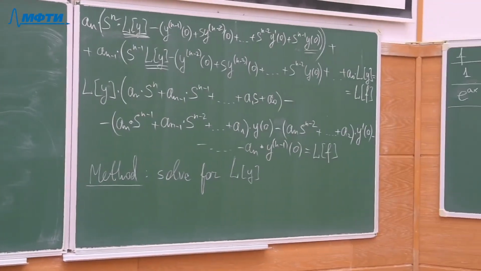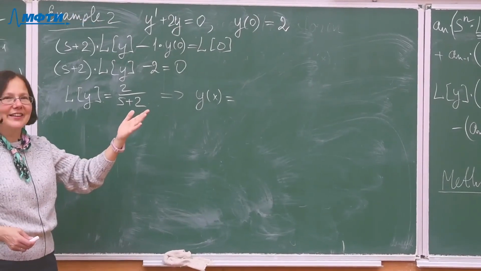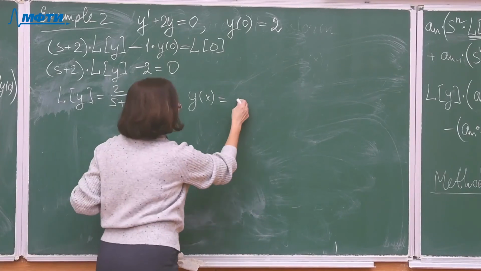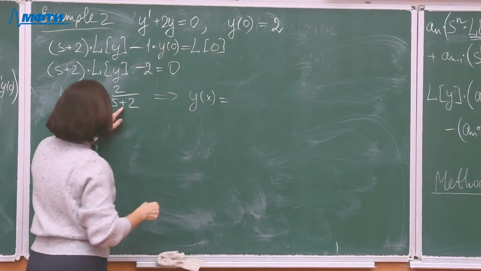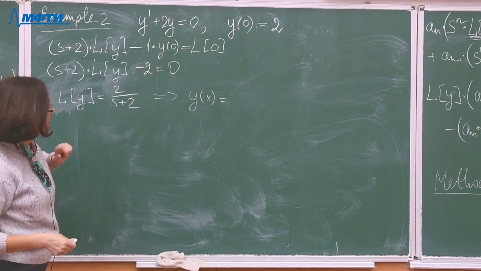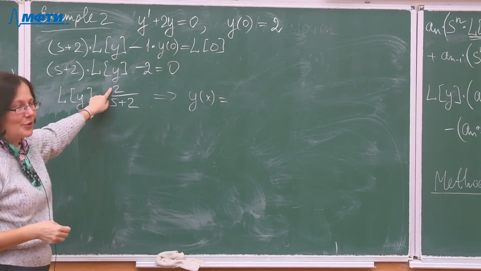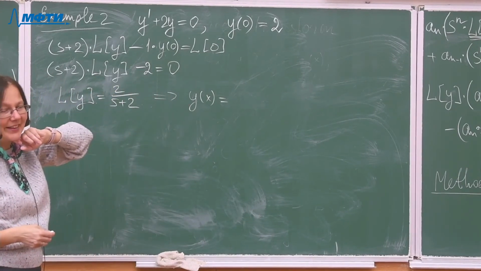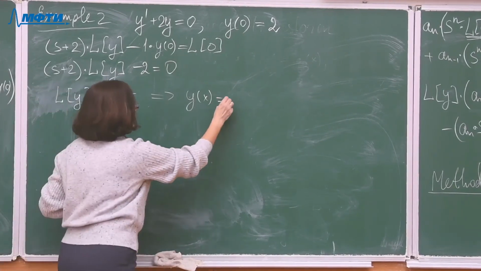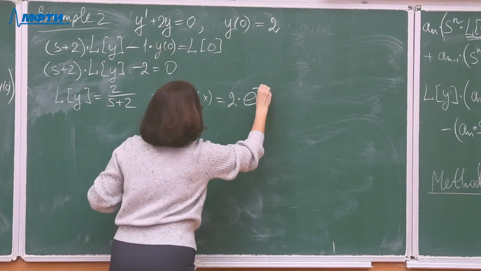It looks like s plus 2 in the denominator means that we need e to the power of what? Minus 2x, right? But this is in the form of 1, and we have 2. But we know the linearity of the Laplace transform, so it is 2 multiplied by e to the power minus 2x.